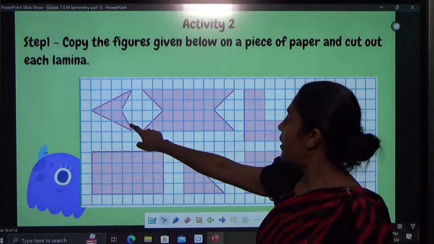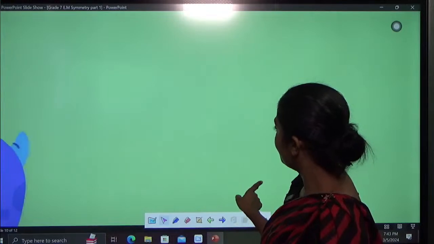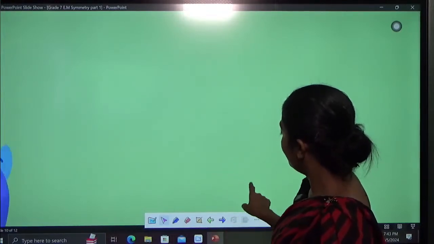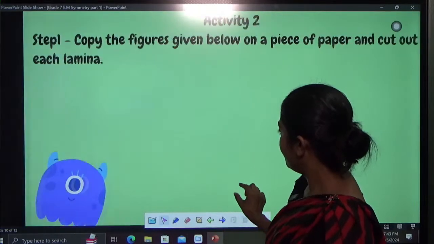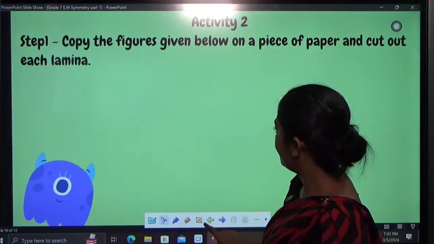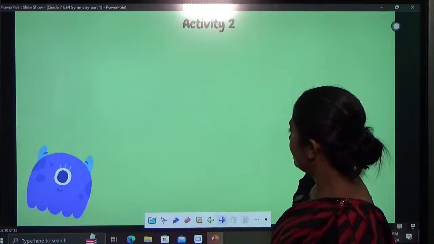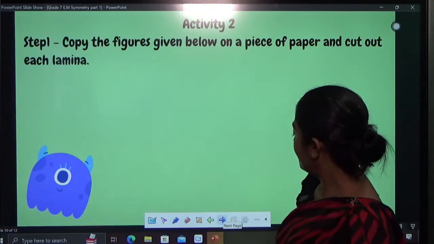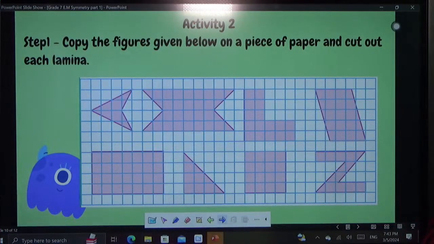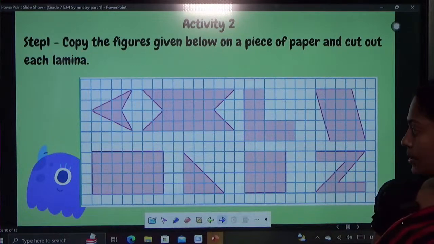Here how many? 1, 2, 3, 4, 5, 6, 7, 8 figures are there. So you have to cut out those.